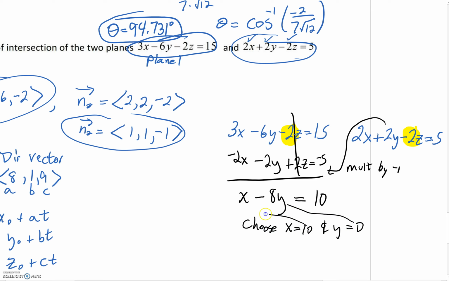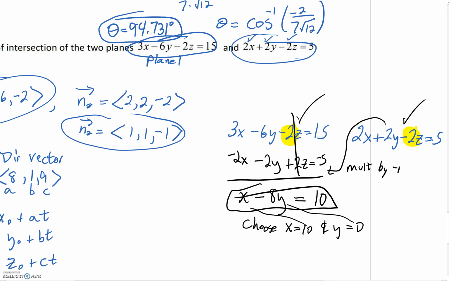That would make this equation true. Now remember, I just eliminated one thing here, and I know that x equals 10, y equals 0, makes this equation right here true. I also want to make both of these up here true.